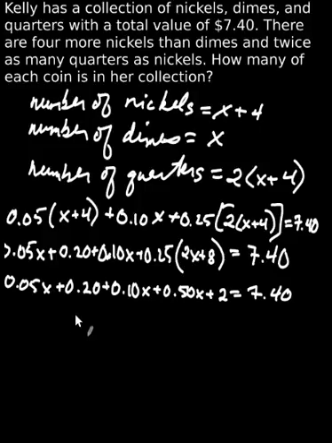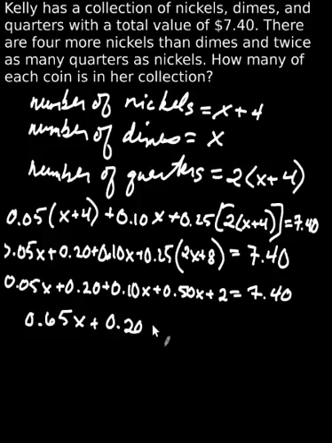Okay, let's combine like terms. I see this term has x, that term has x, and so does this. And when I add these 2 decimals together, I get 0.60x. And then adding this one in gives me 0.65x plus 0.20.